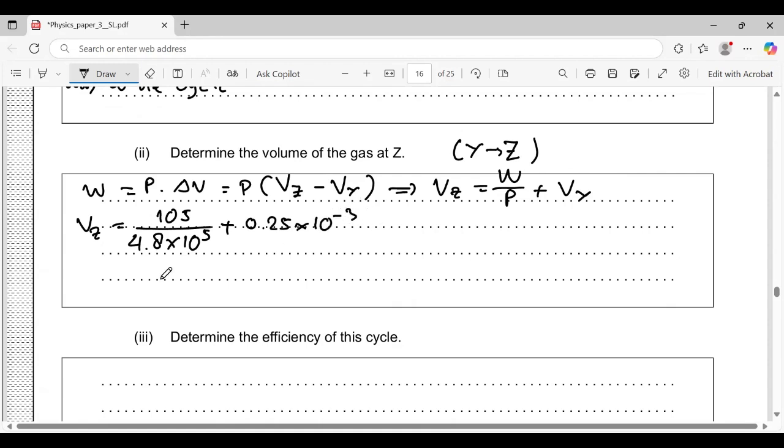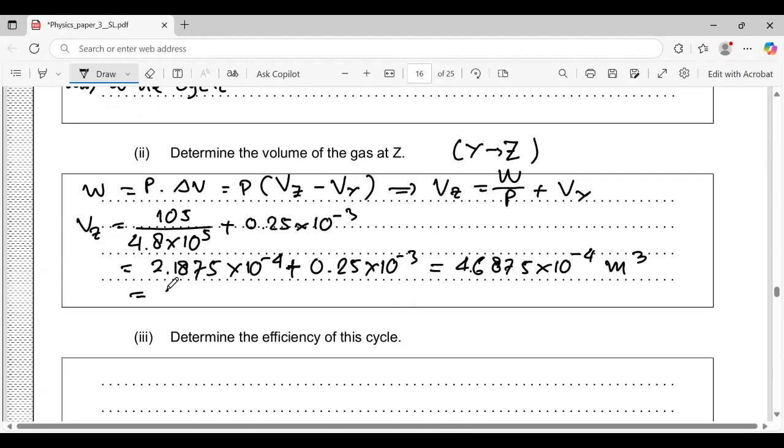And if you calculate, the result will be 2.1875 times 10 power minus 4 plus 0.25 times 10 power minus 3. And the result is 4.6875 times 10 power minus 4 m cubed.